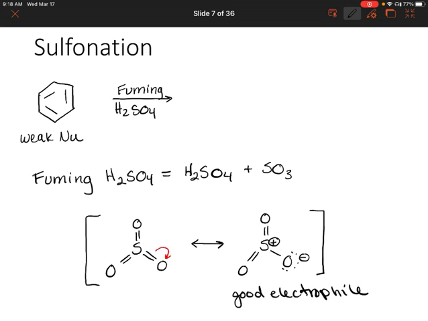Alright, so once we react benzene with sulfur trioxide, or fuming sulfuric acid, we end up forming the following. So we have sulfur double bonded to 2 oxygens and then singly bonded to an alcohol group.